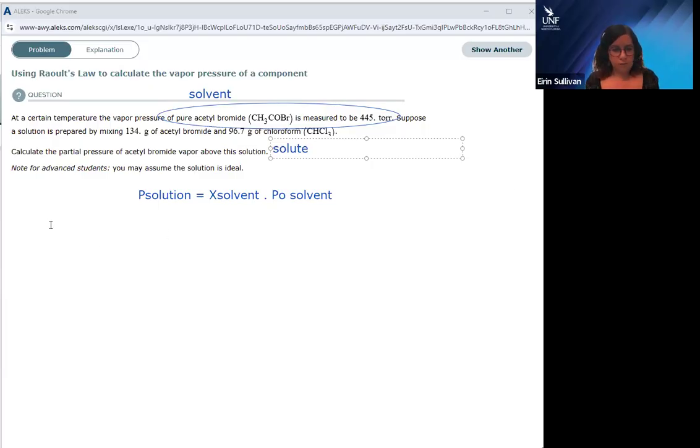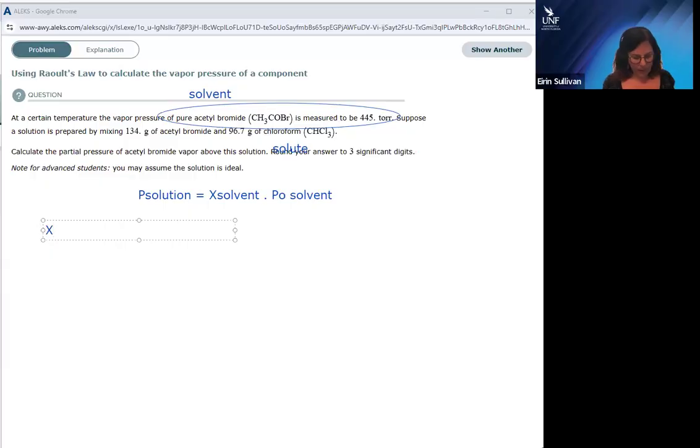Mole fraction, which is X, of whatever component, we just call it A, is going to be the number of moles of that component divided by the total number of moles in the whole solution.